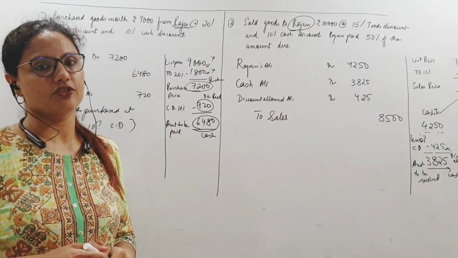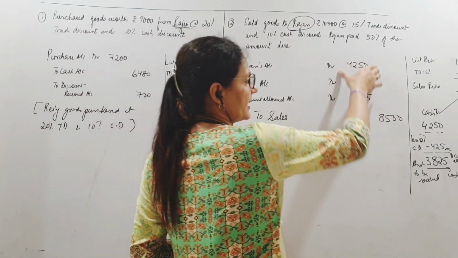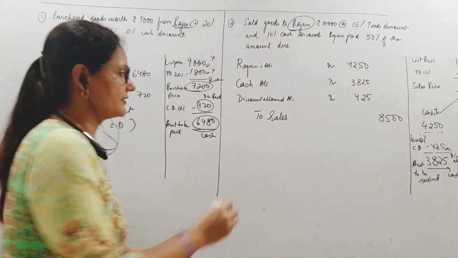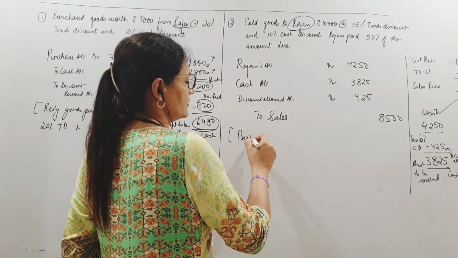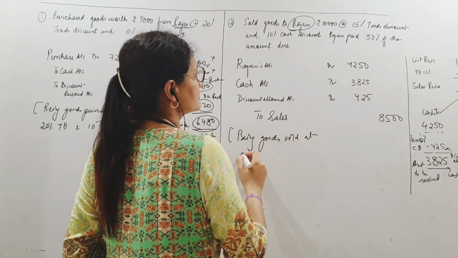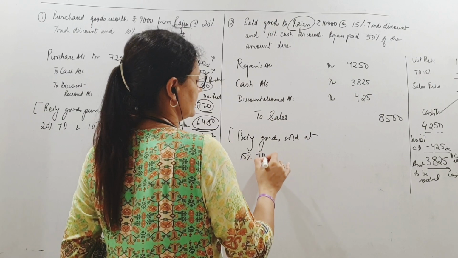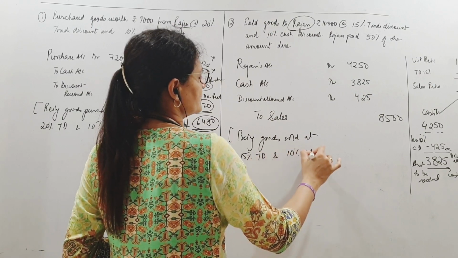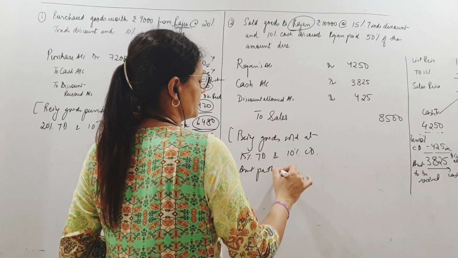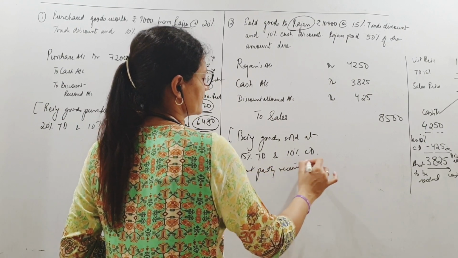That is your sales. Now if you check, this and this should be equal in all cases. Okay? So, being goods sold at 15% trade discount and 10% cash discount, amount partly received.